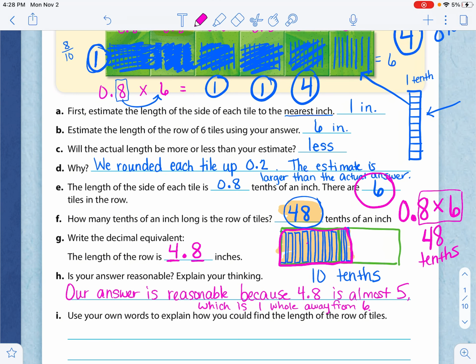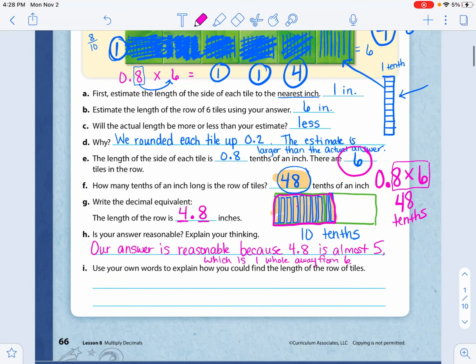Okay? It says, use your own words to explain how you could find the length of the row of tiles.